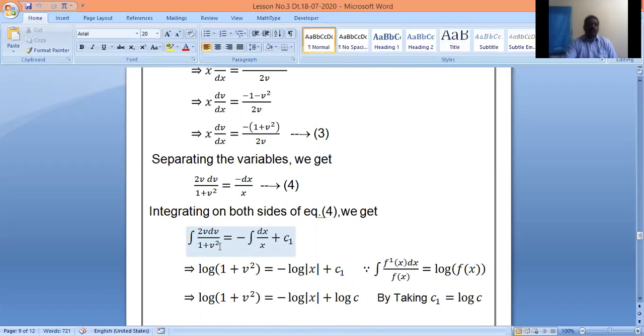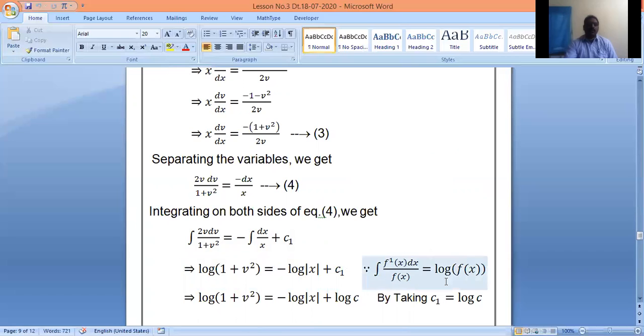Here, the denominator is 1 plus v square. By differentiating this 1 plus v square with respect to v, we get the numerator 2v. Therefore, this integrand is in the form of integration f dash x by f of x dx is equal to log of f of x.